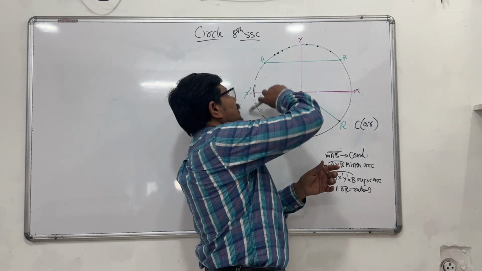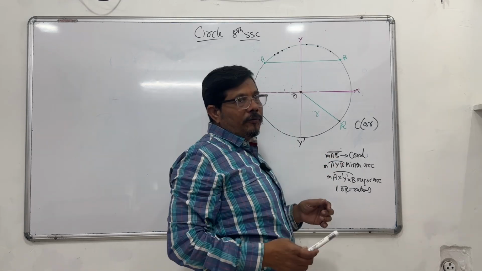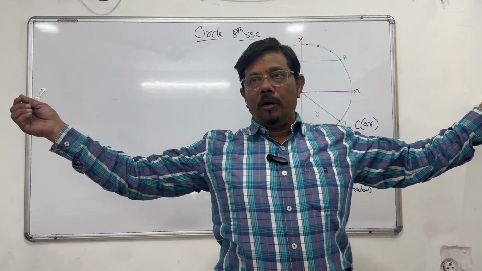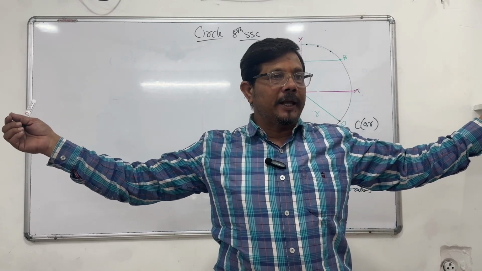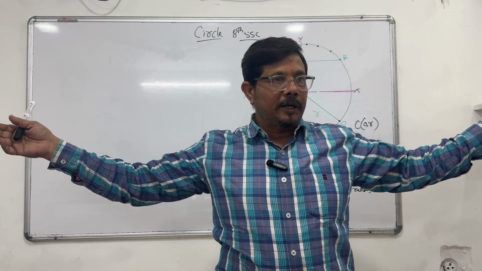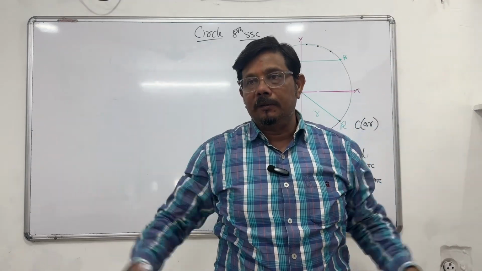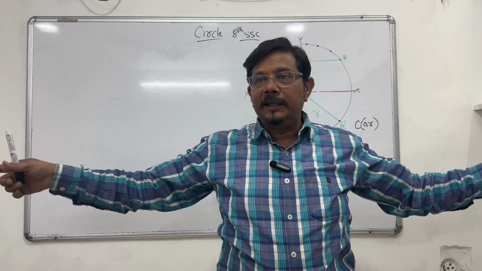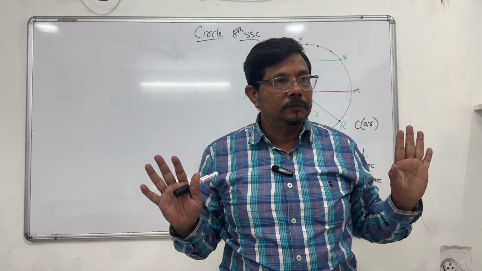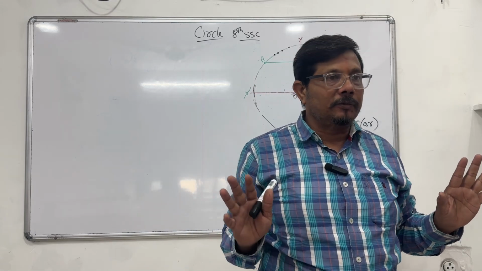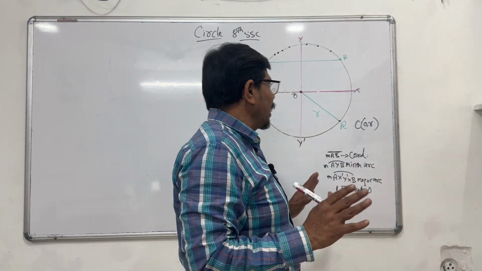This is called circumference. If you have a wire of length 5 centimeter, 10 centimeter, 100 centimeter, and make a circle, that length is equal to the circumference, 2 pi r. Circumference of the circle is 2 pi r.